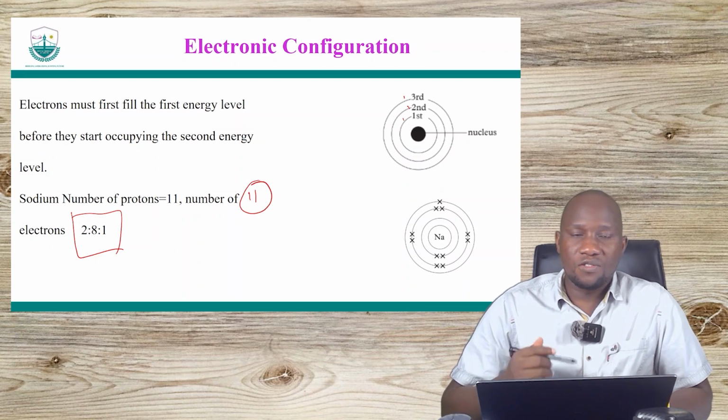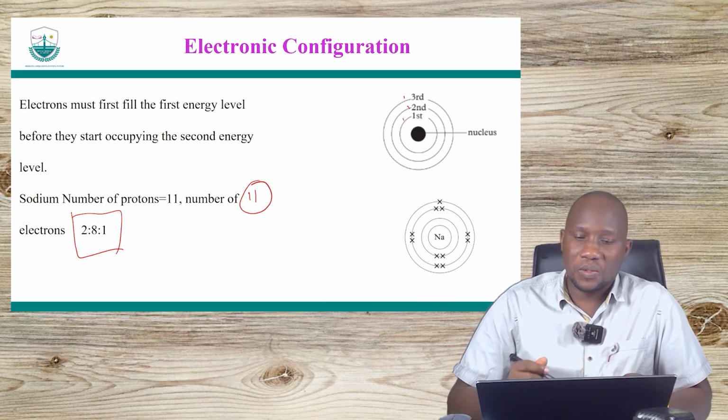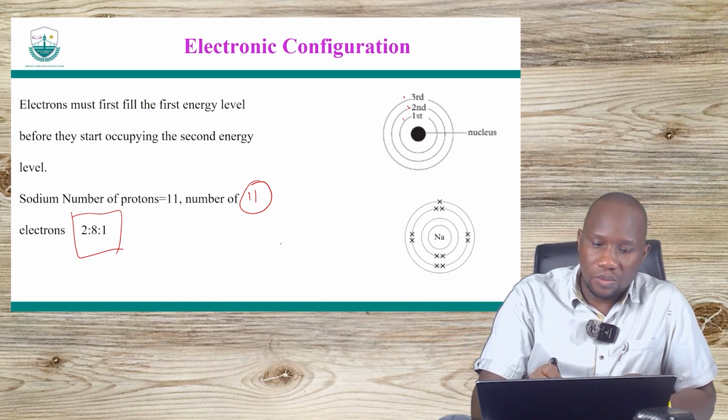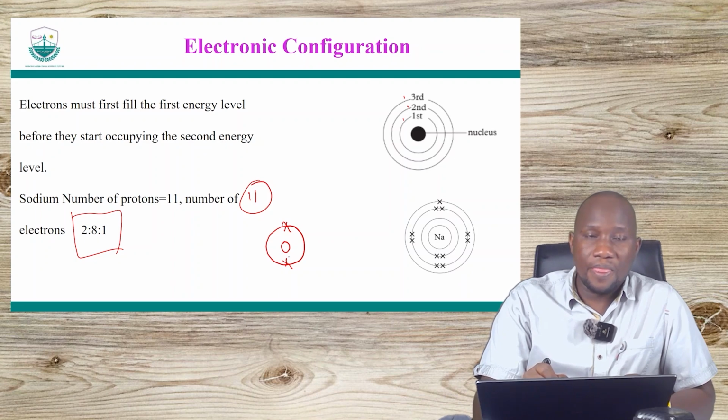So you first fill the first shell, right? And the first shell takes a maximum of 2 electrons. So we start with the nucleus of sodium, and then the first shell has 2 electrons. So we come to the next shell.